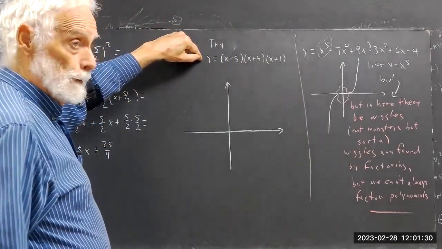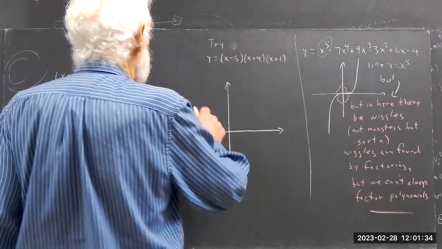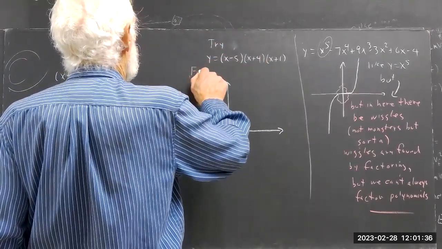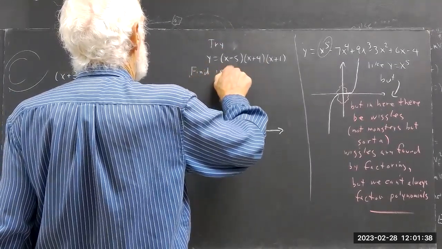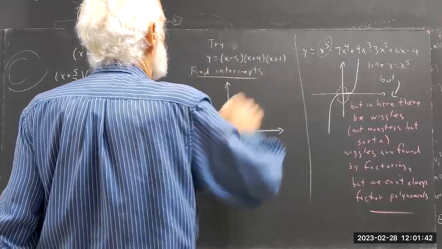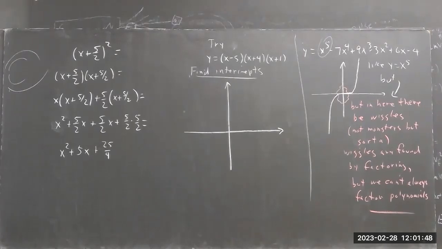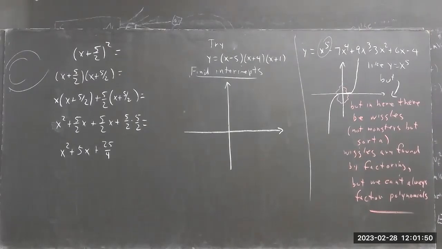Here's a factored polynomial, x minus 5 times x plus 4 times x plus 1. Find the intercepts.